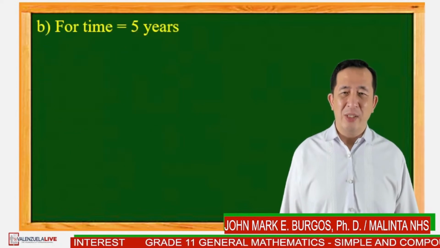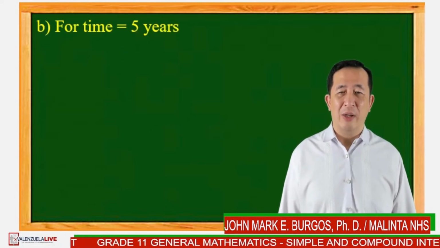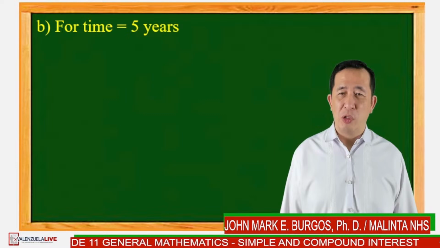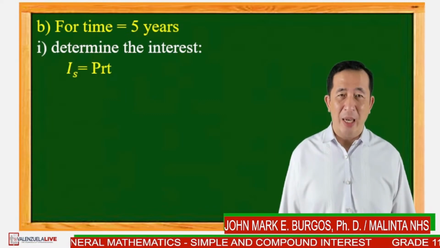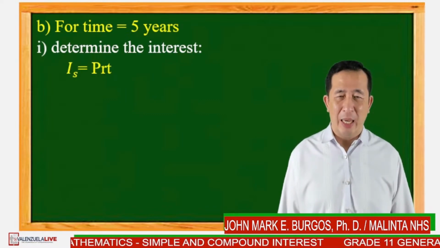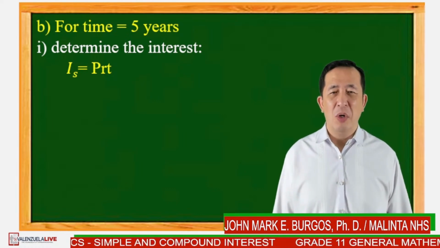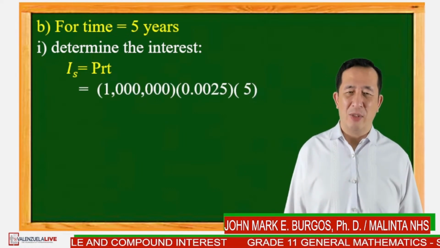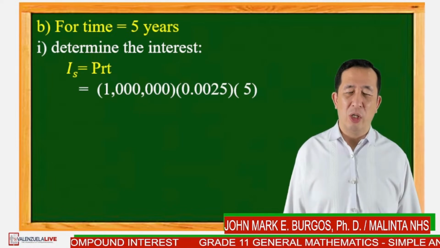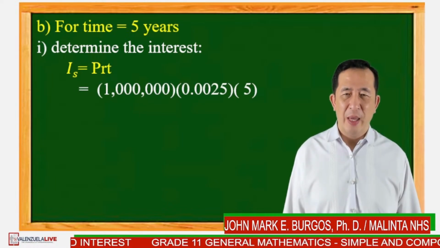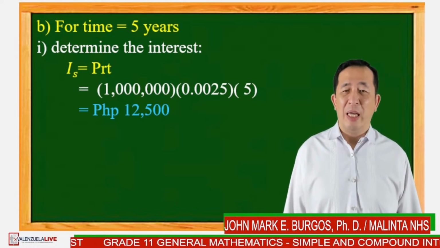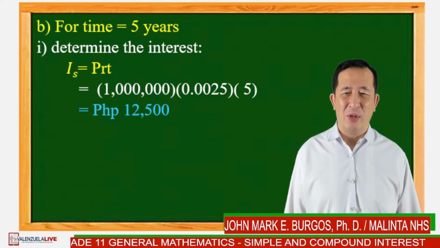For 5 years, we have to determine the interest first. So we have to use I is equal to P times R times T. And to substitute the value, we have 1 million pesos times 0.0025 times 5. The interest will be 12,500 pesos.